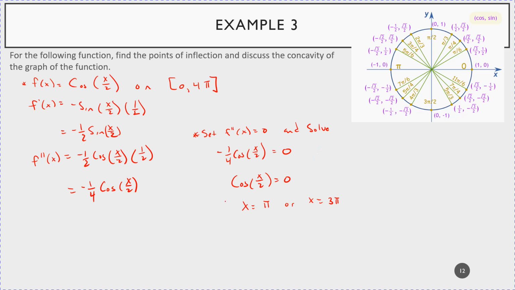So my points of inflection can occur when x is equal to pi or x is equal to 3 pi. So what we have to do now is set up the table and find those intervals of concavity and see where they change. I'm going to bring that to the next slide.